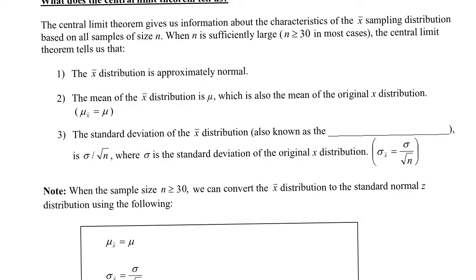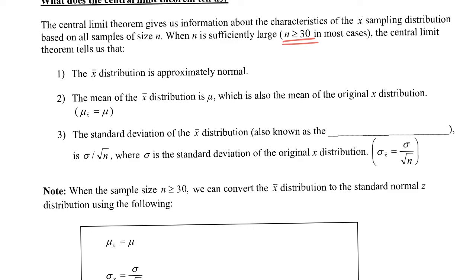So what exactly does the central limit theorem tell us? Well, it gives us information about the characteristics of the X bar sampling distribution. So we're taking means of these samples based on all samples of size n. When n is sufficiently large, and here's our magic number, 30 or more, the central limit theorem tells us these three things.